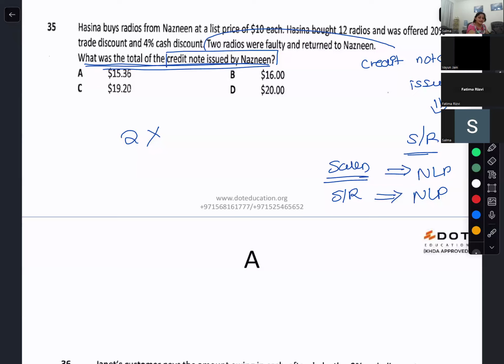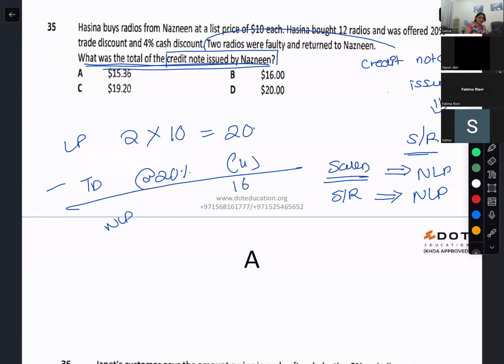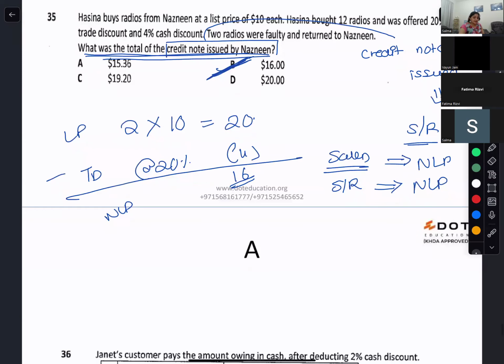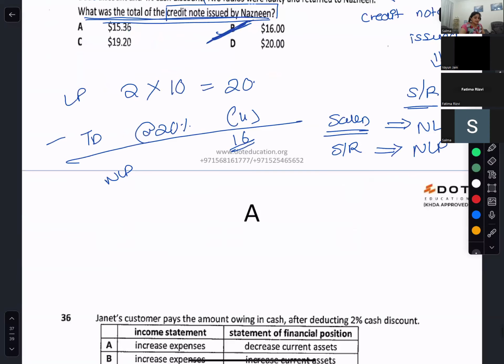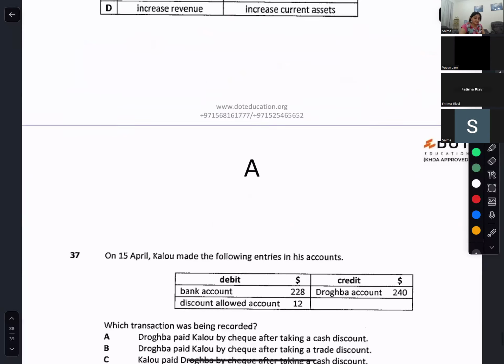How many radios are returned? 2. What is the price? 20. This is list price minus trade discount. What is the trade discount? 4. So net list price will be 16. So credit note will be issued for 16. Can we go ahead? Yes, miss.